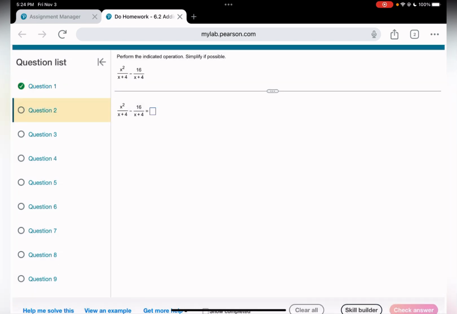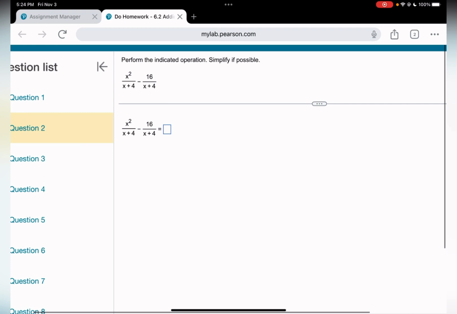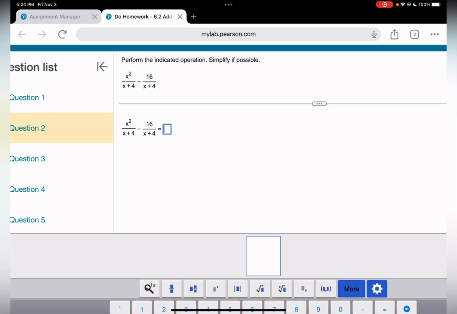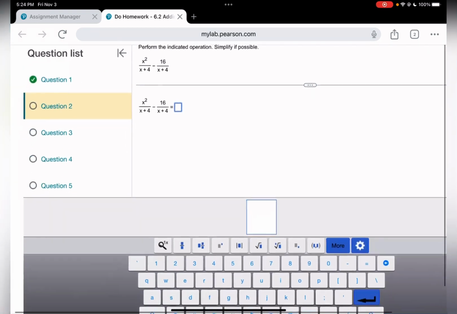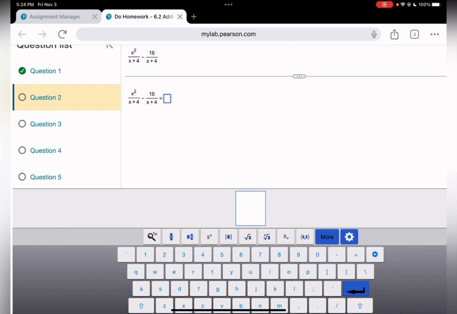The next one is the same way. The denominator is the same, which means on the top we're going to have x squared minus 16. This is the formula a squared minus b squared.